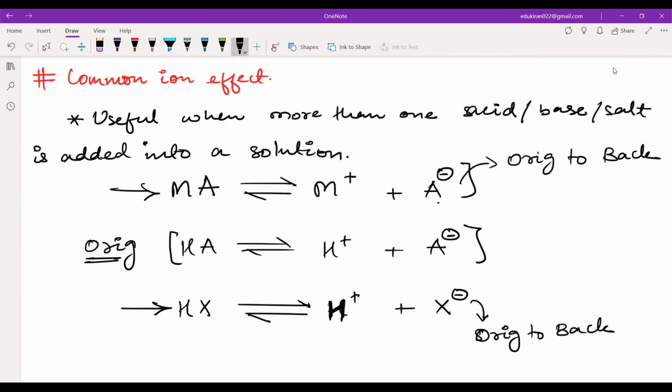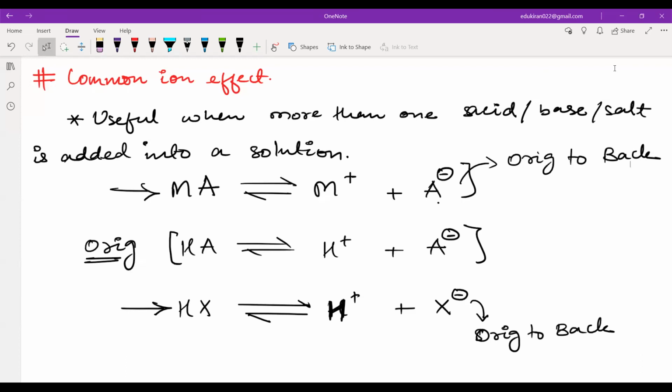This is known as the common ion effect. If you are adding any chemical species, any electrolyte which has one ion that is common to the original solution, then it will lead to a shift in the backward reaction of the original solution.